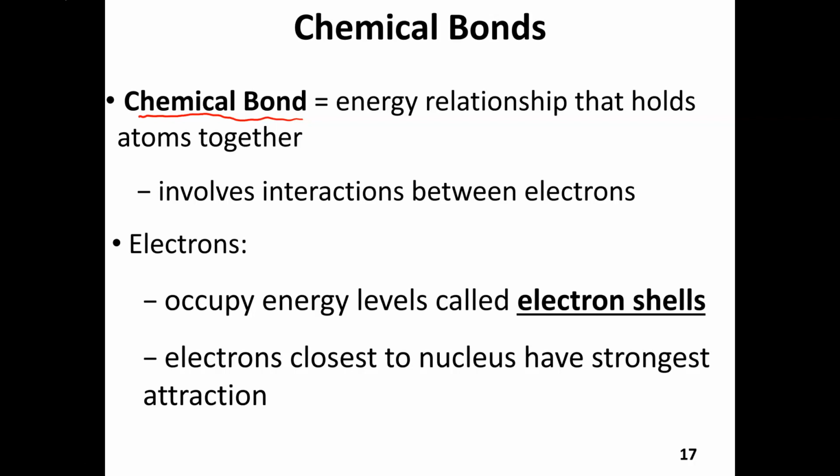And it's going to involve the electrons in the outermost shell or orbital. Okay, so we're only going to be looking at the electrons in the outermost valence shell or orbital.